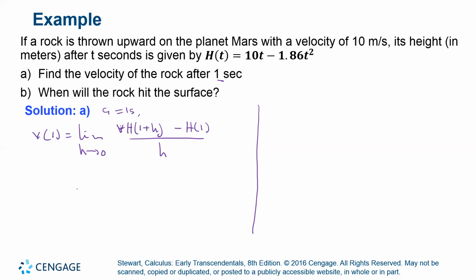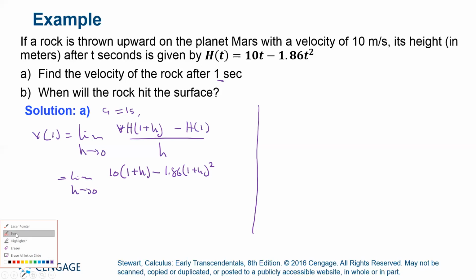Okay, so then this is equal to the limit as h goes to 0. H of 1 plus h gives me 10 times 1 plus h minus 1.86 times 1 plus h all squared. Let me get more space here.